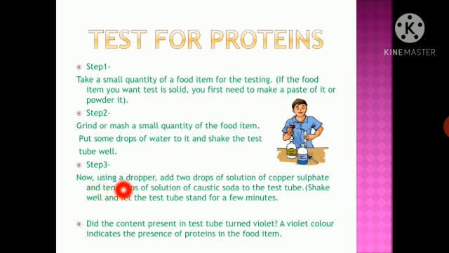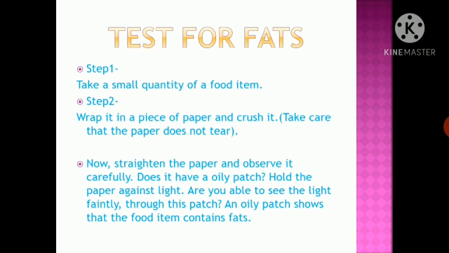Step 3. Now using a dropper, add 2 drops of solution of copper sulfate and 10 drops of solution of caustic soda to the test tube. Shake well and let the test tube stand for a few minutes. Did the content present in the test tube turn violet? A violet color indicates the presence of protein in the food item.